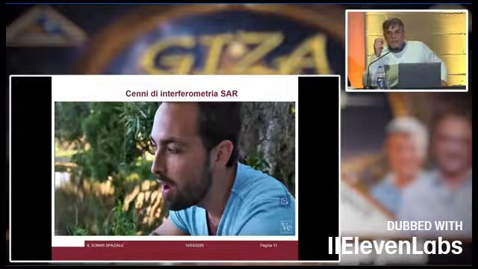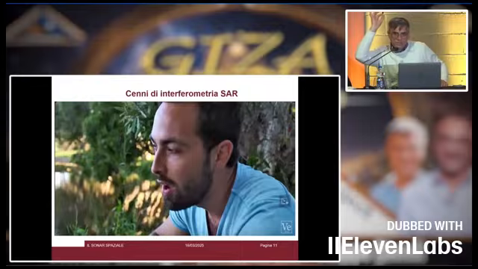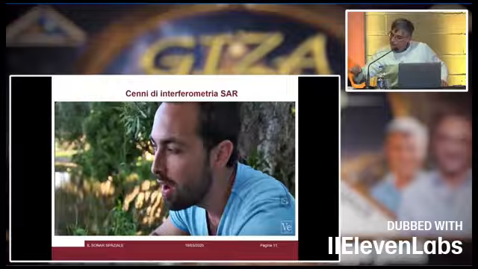Why? Because the synthetic aperture radar has a very high precision. It has sub-millimetric precision, meaning that if I position the radar in space and look at an object on the ground, if this object moves very slightly, the radar notices it.